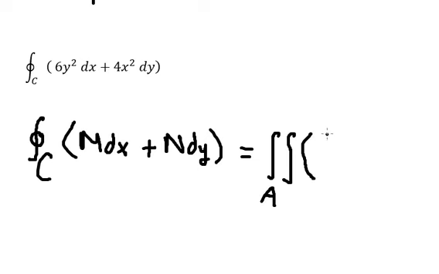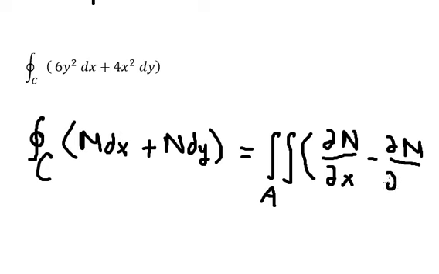So we need to do first the derivative of n with respect to x minus the derivative of m with respect to y.